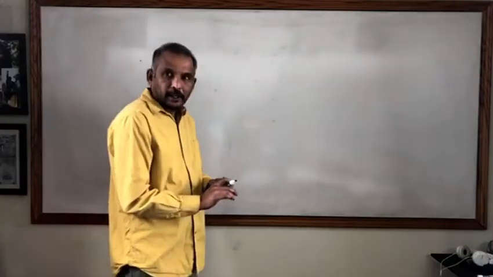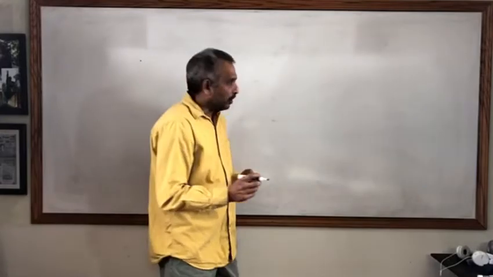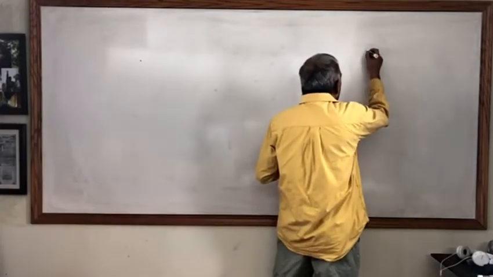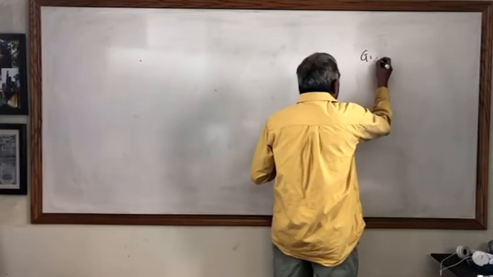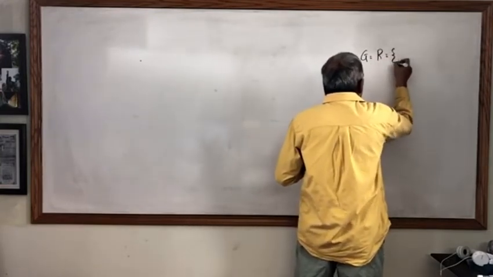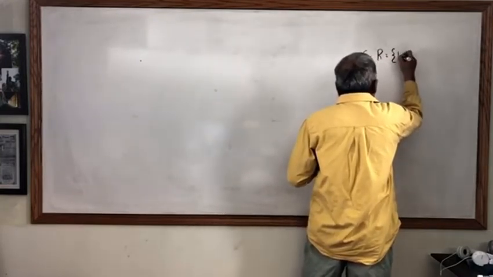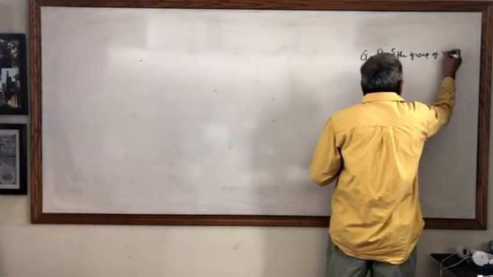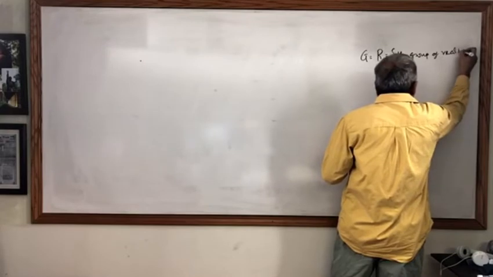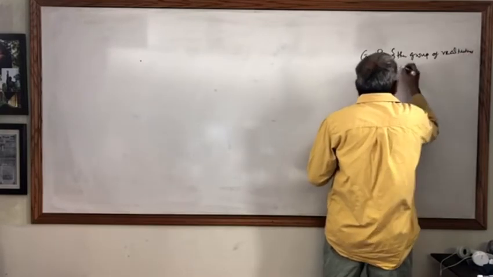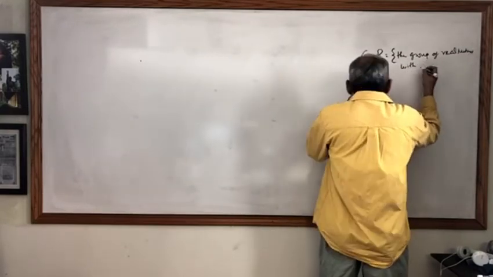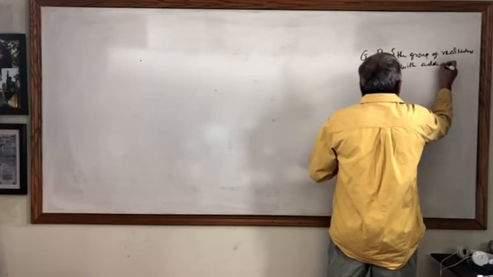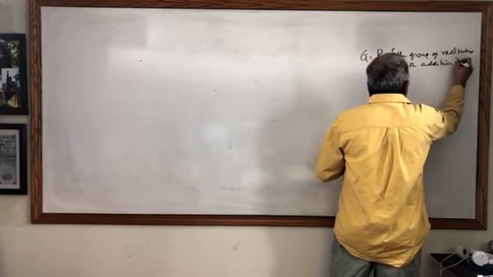Now let us do an example in geometry. Our group is R, the group of real numbers with addition. This is our group.